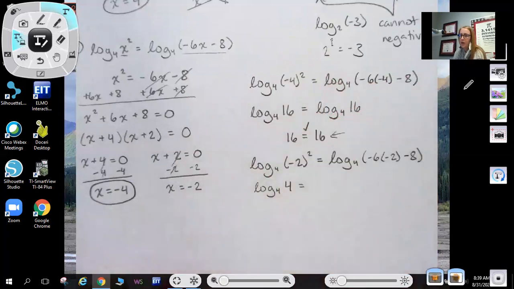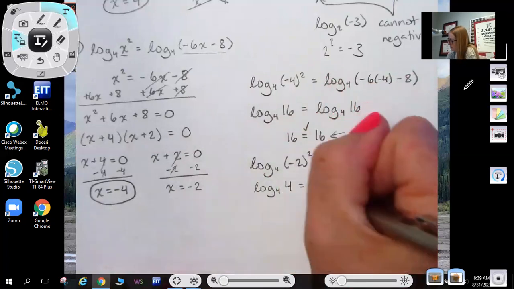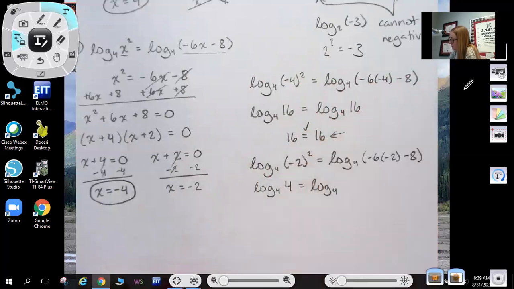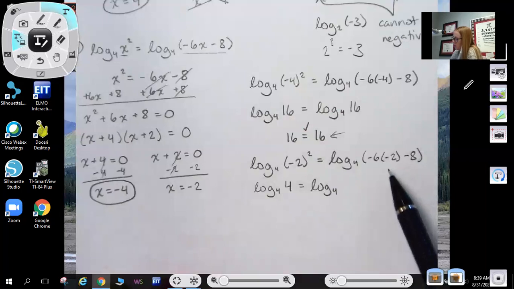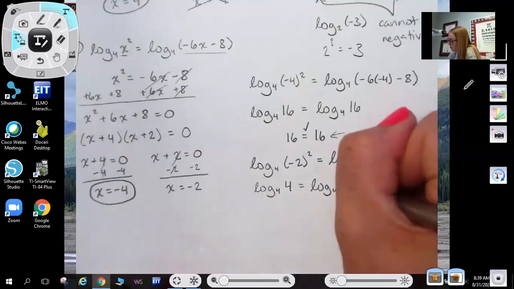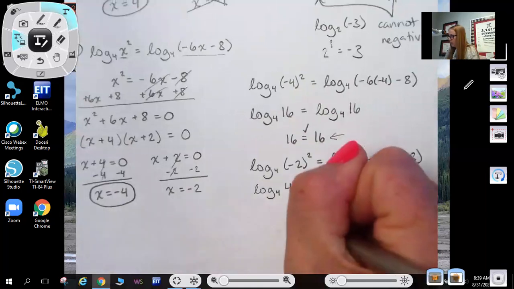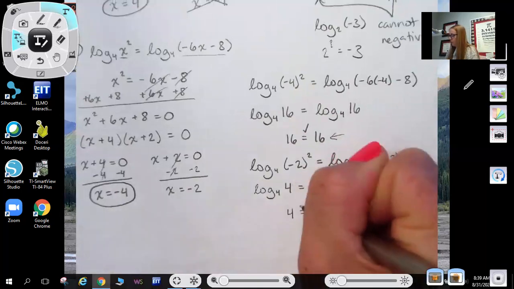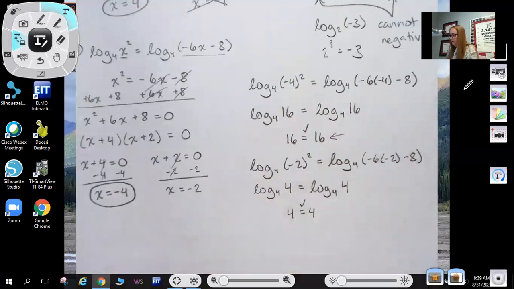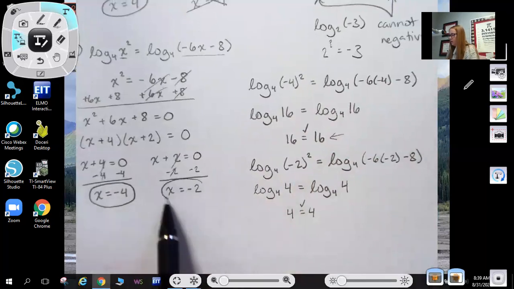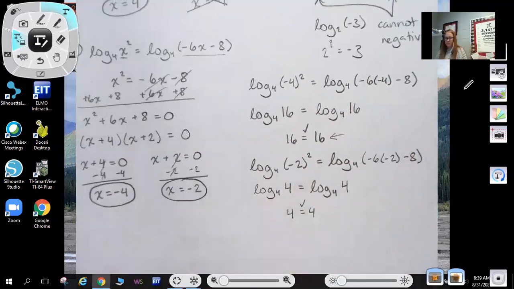So we're okay there. Log base 4 of -6 times -2 is +12, minus 8 is also +4. We don't have any negatives right there, so we can go on to the next step, which is just that 4 equals 4. So -2 also works as a solution.